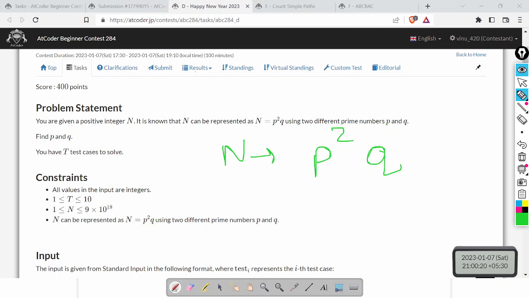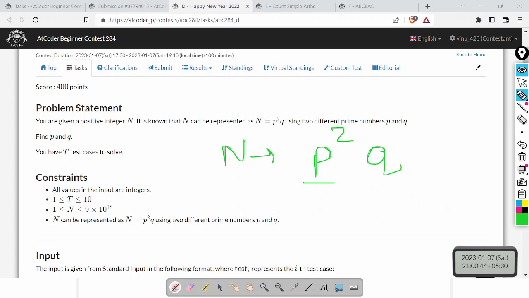So how can we do this? We have to find the two primes. First of all, you need a basic idea of number theory, like how we can factorize a number.